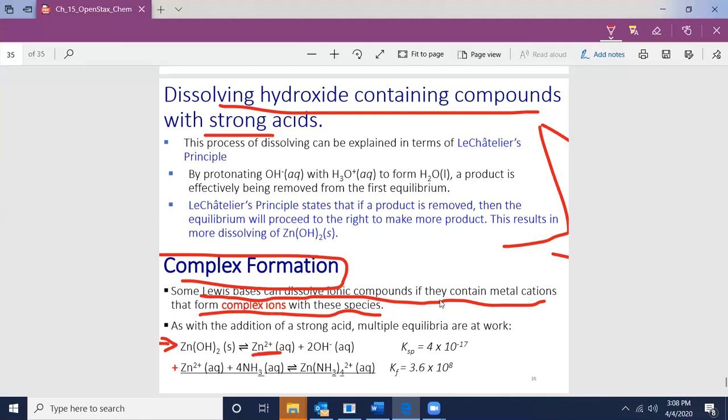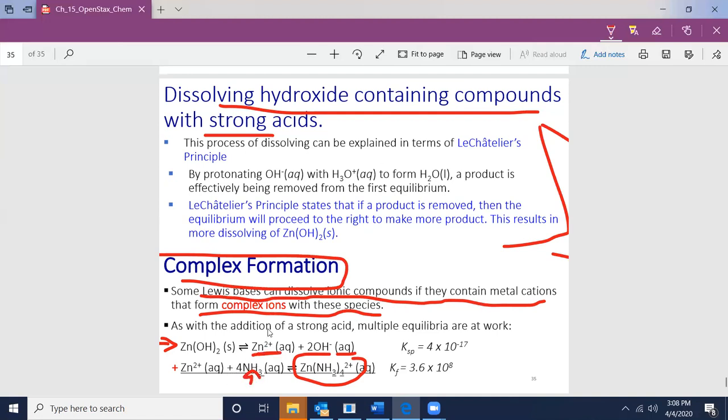So if I add two ammonia molecules into it, which are Lewis bases, then I can make a coordination complex. The same phenomenon is still going on here as well. What I am doing is removing one of the products by adding the Lewis base into the solution.